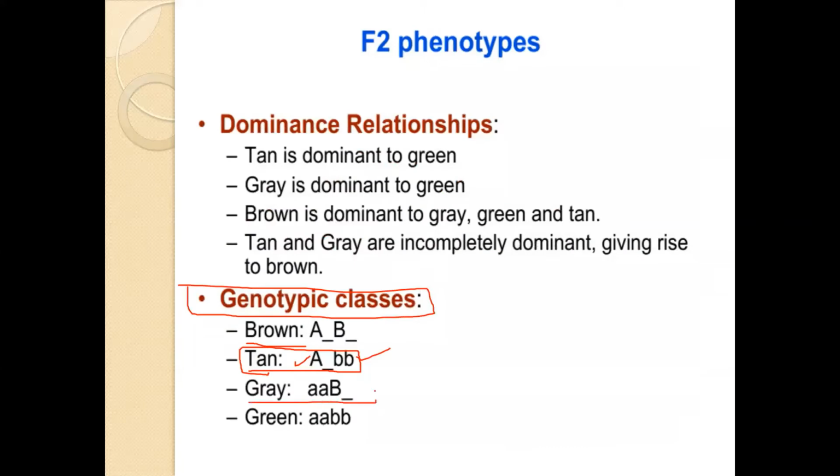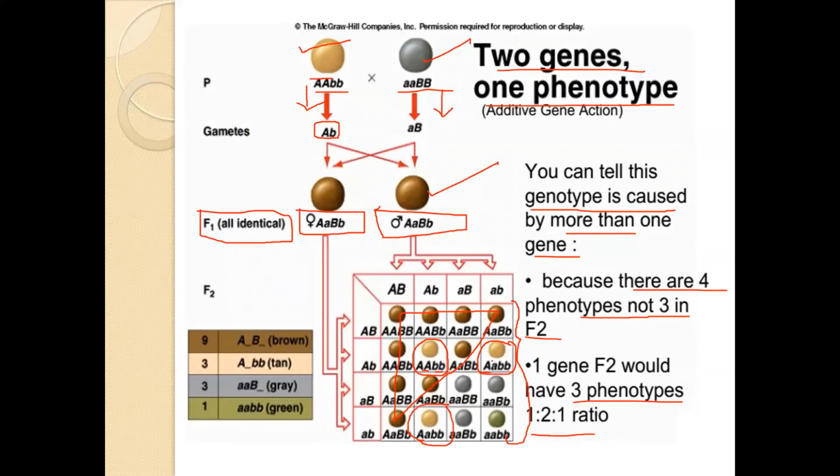In the case of gray, B is in a dominant condition. B is in a homozygous dominant condition, and A is in a homozygous recessive condition. And in these two, A is homozygous recessive, but B is heterozygous dominant.